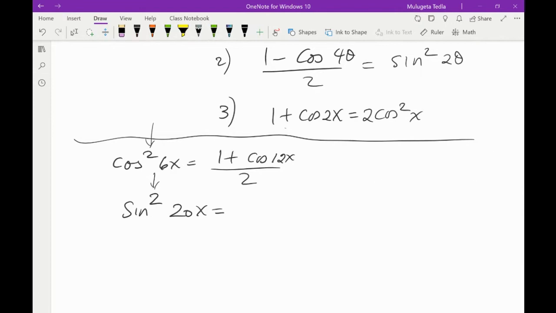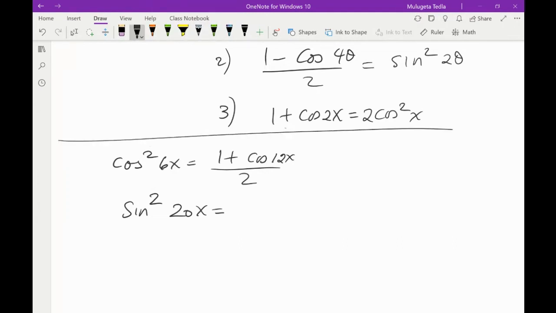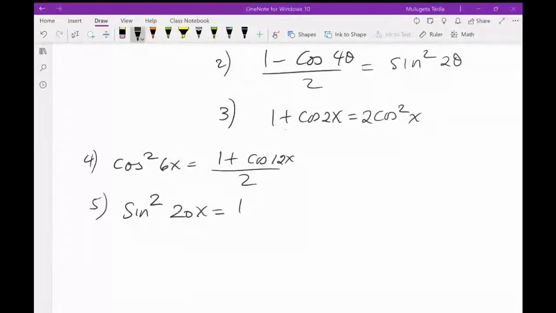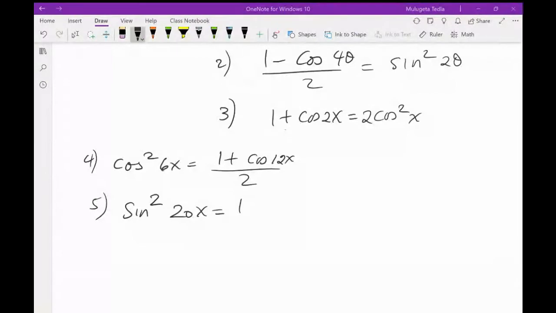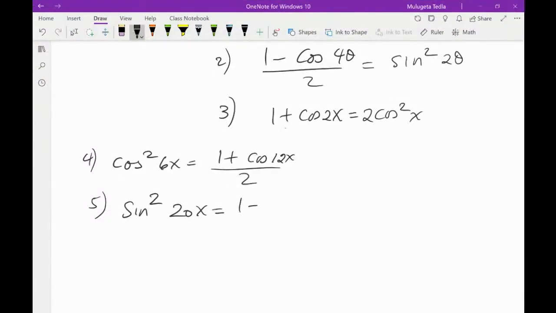So anyway, in this case, because there is a square, it is 1 minus cos of 40x. Thank you, Sivan. 1 minus, because it's sine.